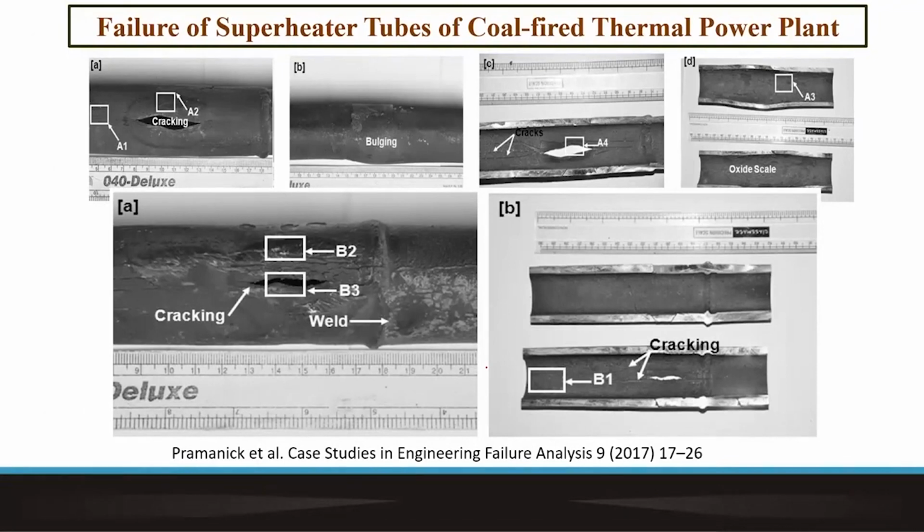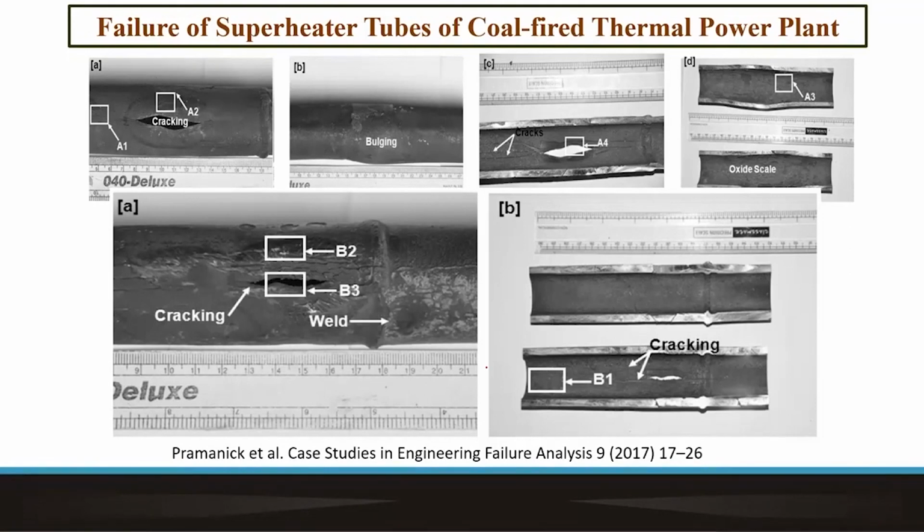A similar thing is also encountered in thermal power plants. For example, when you conduct the superheated steam through the superheated tubes from the boiler before it is projected onto the turbine, there we are talking about not only high temperature, we are also talking about high pressure.